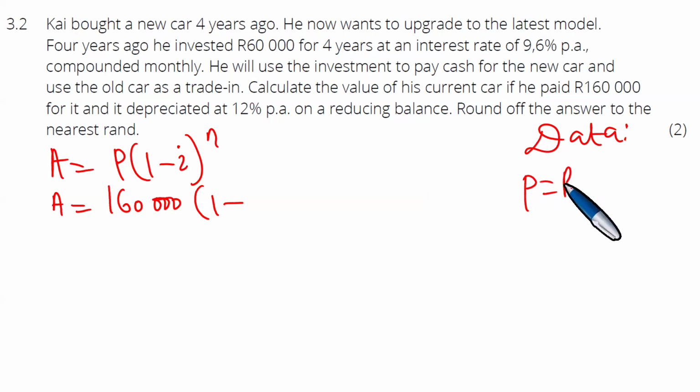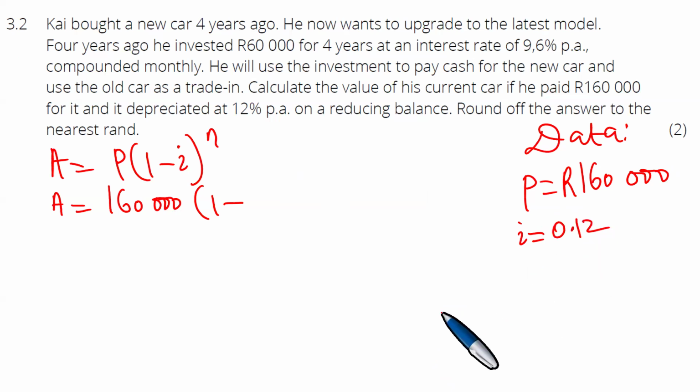So you can note down the data. The present value is 160,000, and i equals 12% per annum on a reducing balance, which is 0.12. And now, how many years are there?